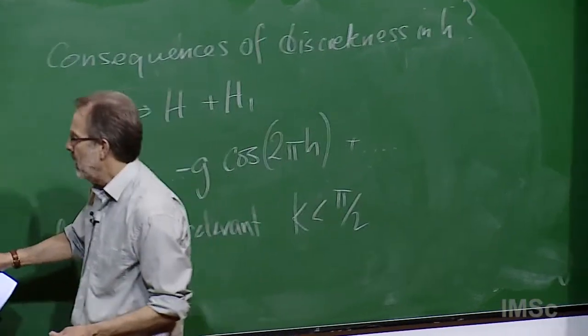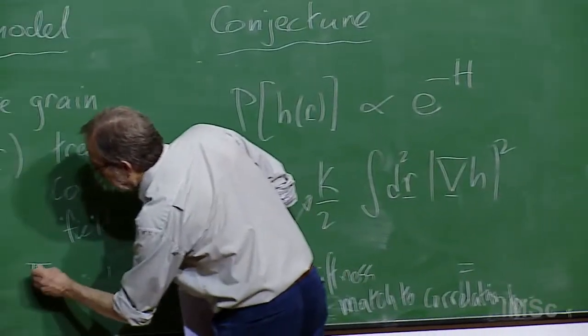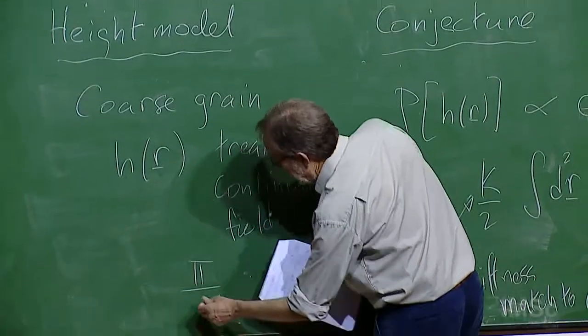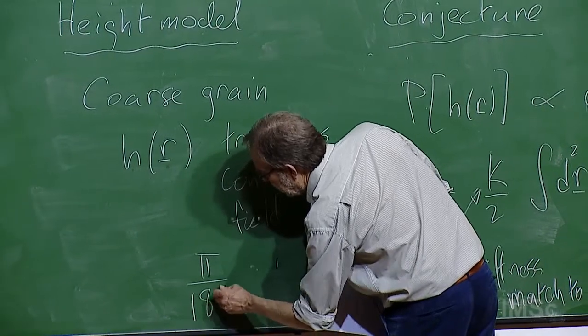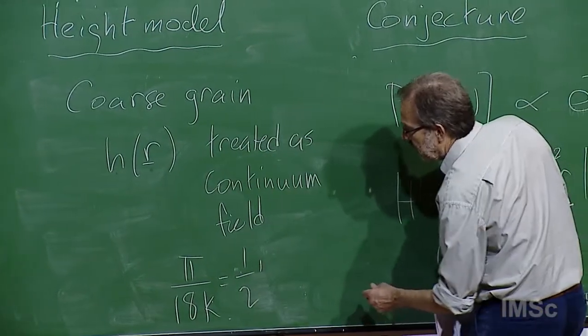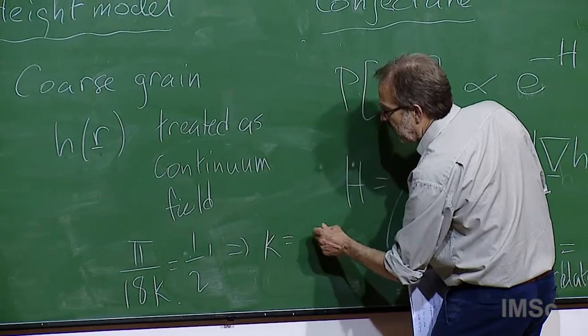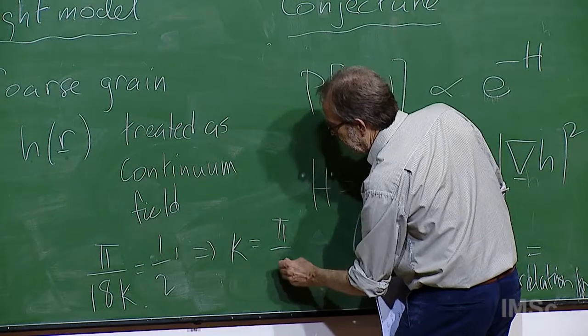The identification that we had here was that pi over 18K was a half, so K was pi over 9.